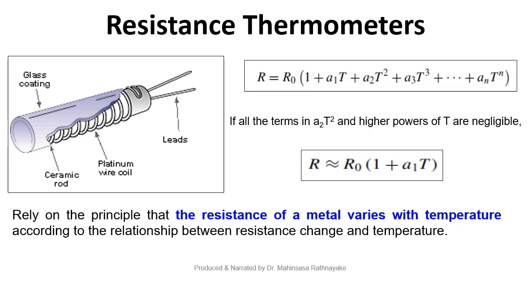We know that the resistance of a metal also varies with temperature according to the relationship between temperature and the resistance change.